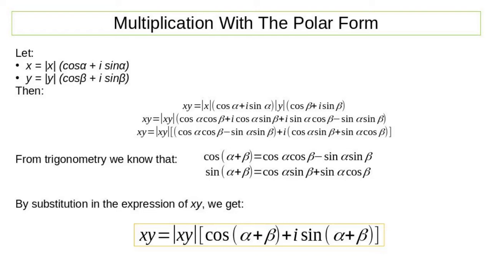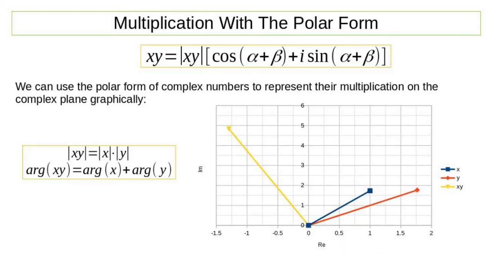So we will end up with the product xy expressed as absolute value of xy times the cosine of alpha plus beta, plus i times sine of alpha plus beta. We can now represent the multiplication of two complex numbers graphically, considering the expression we obtained before, and the rule of the absolute value of the product of complex numbers.